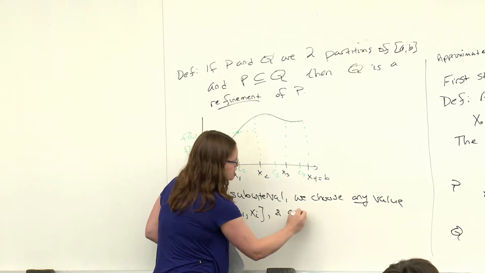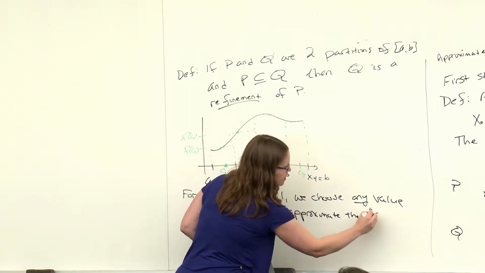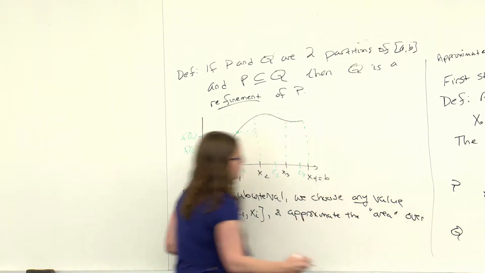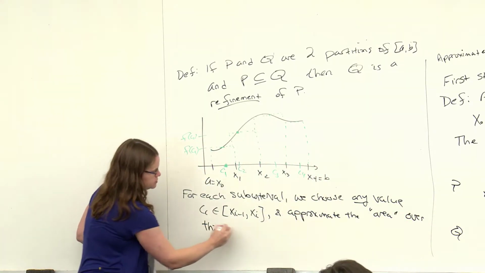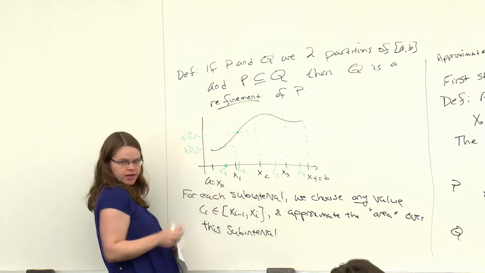And approximate the area over this subinterval using a rectangle, using these rectangles that I've drawn here.